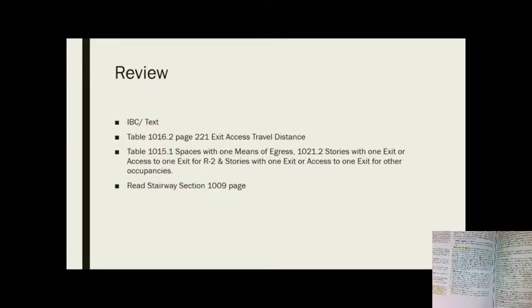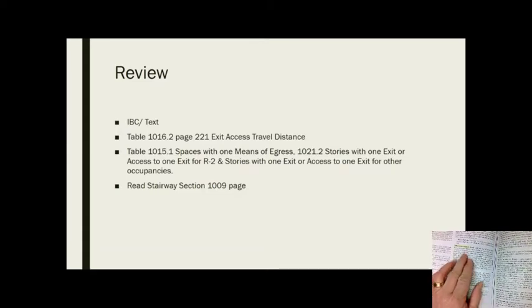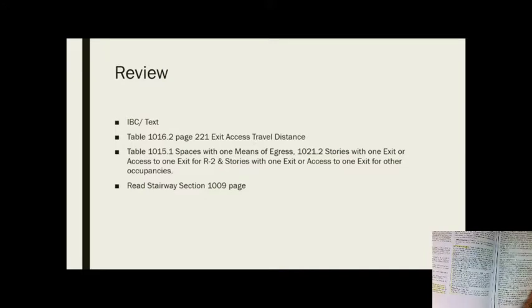One of the things that you need to understand and know is areas of refuge. Every required area of refuge has to be accessible from the space it serves as an accessible means of egress. An area of refuge is if somebody's in a wheelchair or cannot go up and down stairways, they have to have a safe place to be able to go and make sure that they have time to get out of the building where somebody can come and get them at a later time.